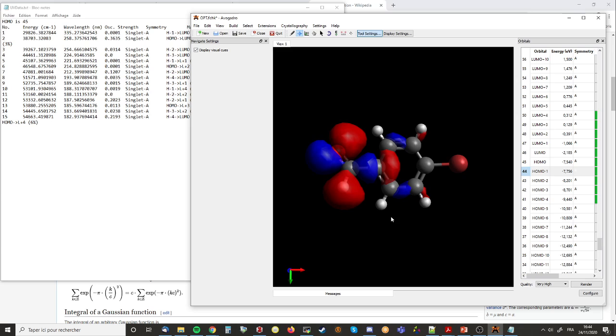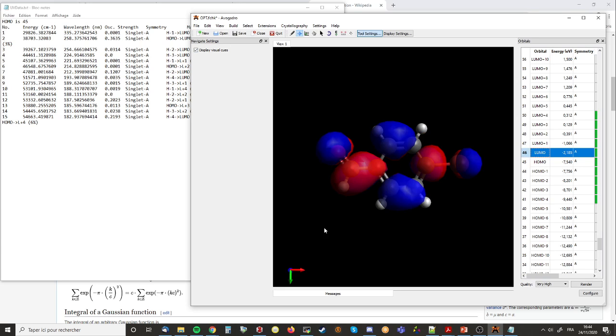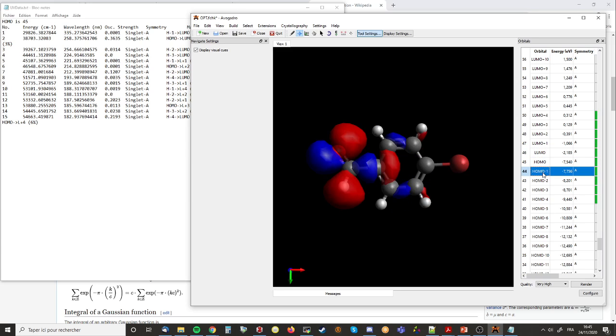We have this orbital that is quite centered on the CO part, mainly on the oxygen. There is nothing here. And it goes to the LUMO, which is a pi star like that.